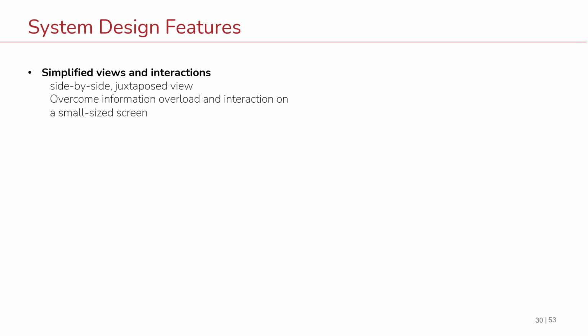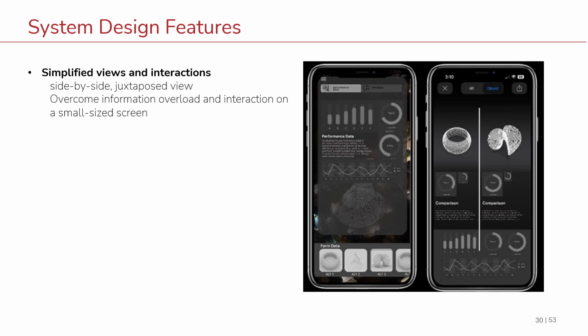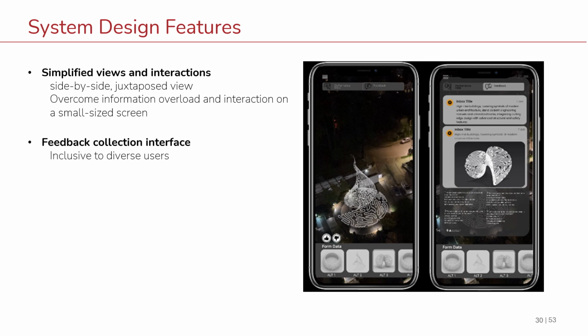To address this, we updated the comparison view in DR. Another important area is enhancing the feedback collection section by making the interface more inclusive, allowing users to express their opinion through ranking, liking, or voting instead of just writing comments.